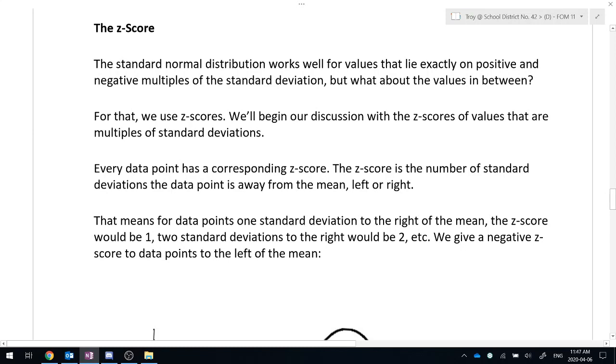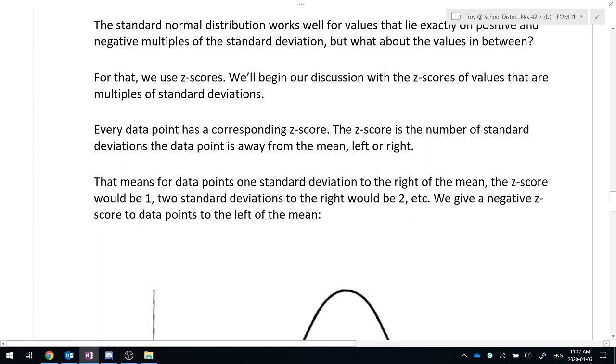The way z-scores work is every single data point in a collection of data has a corresponding z-score. The z-score is always going to be a positive number if it's to the right of the mean, and a negative number if it's to the left of the mean.